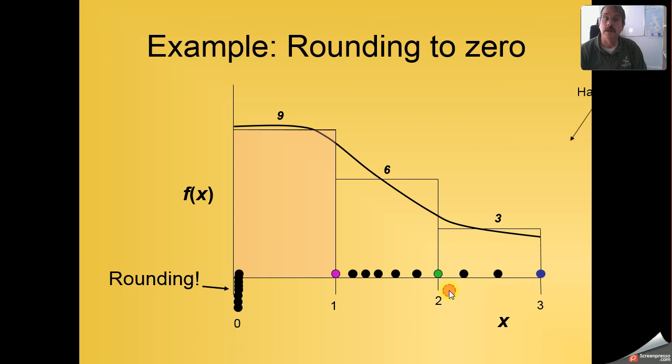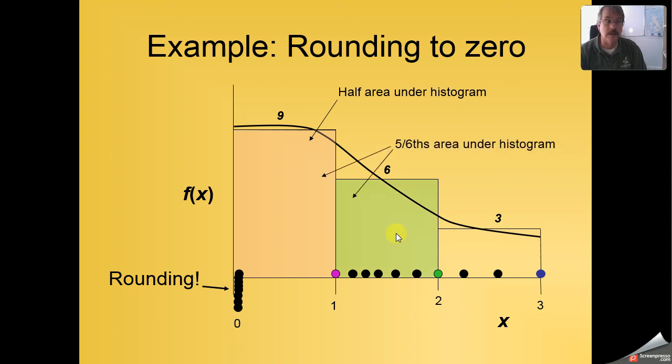So we still have half of the area under the histogram living in this first bar, 5/6 living in the second bar. So if we performed a chi-square test on these data, we would not pick up this pathology because it would be hidden from us when we've aggregated the data into, well, how many data points were there between 0 and 1?